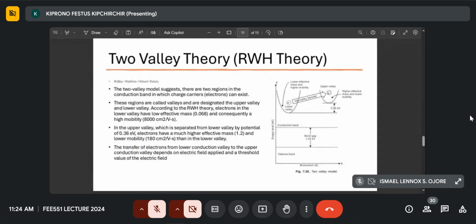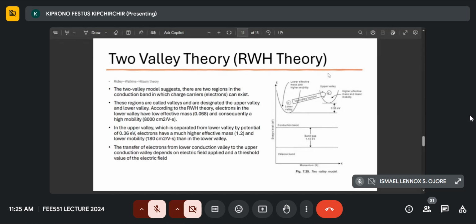In the upper valley, the electrons have a lower mobility due to the high effective mass that we talked about. Since lower mobility leads to a decrease in current, we'll have a decrease in the current flow here as compared to here. So there will be that kind of difference.